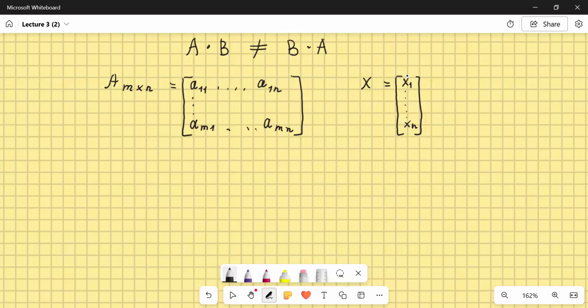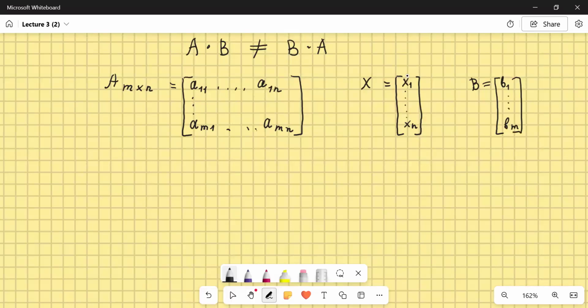And one more matrix, which I'm going to label as matrix B, which is also going to be just a column. It's going to have slightly different dimensions from my matrix X. The first element is going to be b1, just one index, and the last element is going to be bm.